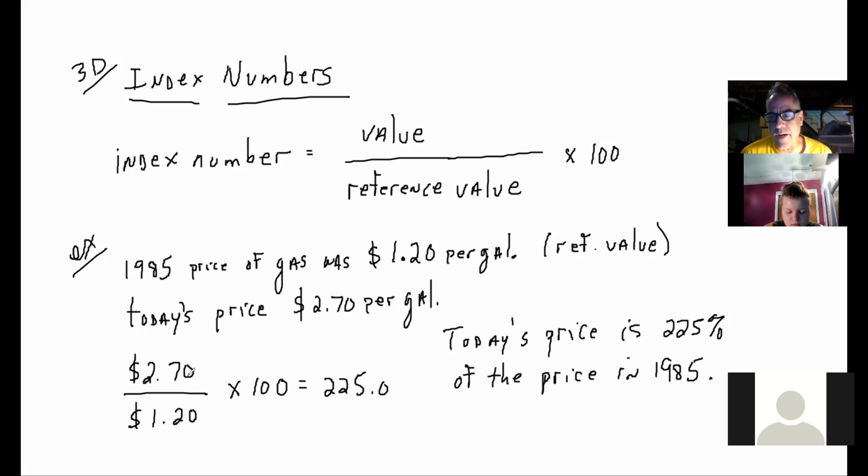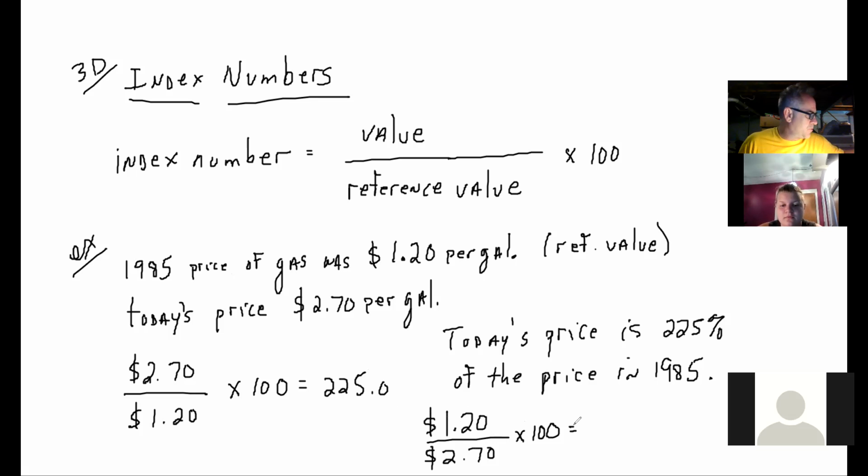You can turn that around, incidentally, and let's do that real quick. If I consider this to be the reference, and want to compare how much less it was in 1985, then you would do this, flip it. So again, this is just turning it to a percentage. Now, this one I don't have a number, I've got to actually figure it out.